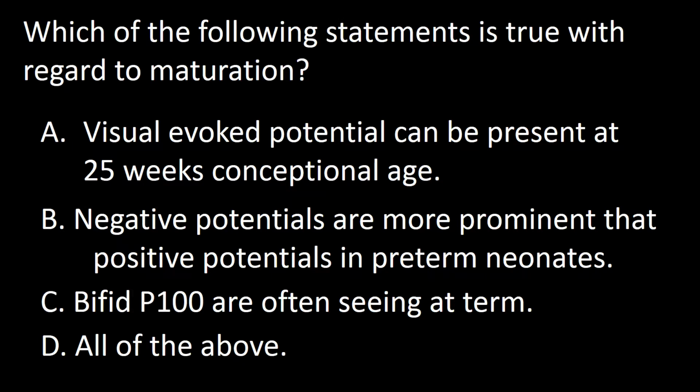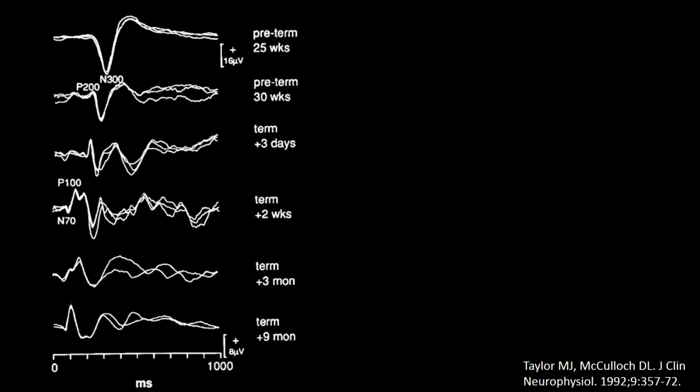C. Bifid P100 are often seen at term. D. All of the above. This frame has 6 VEPs corresponding to different ages. Notice that the analysis time is 1000 milliseconds.